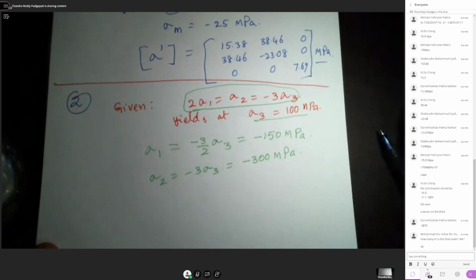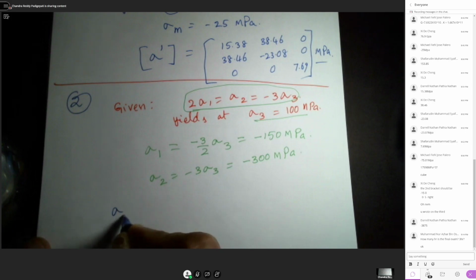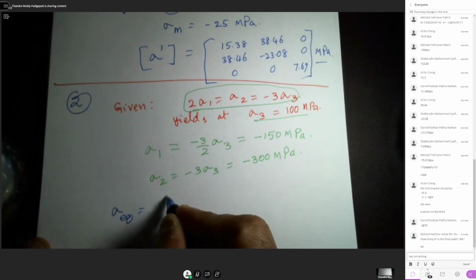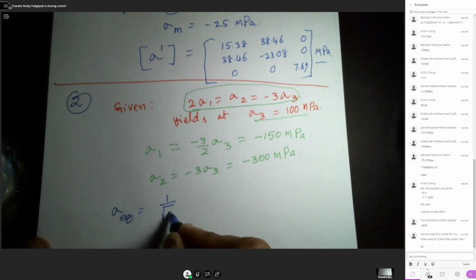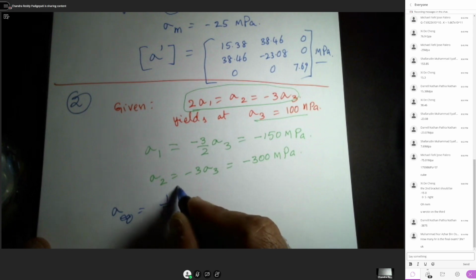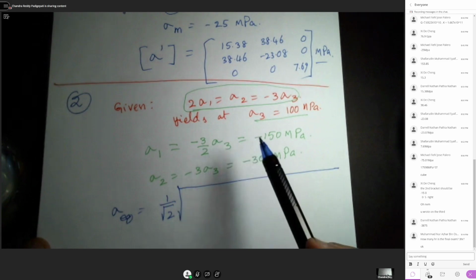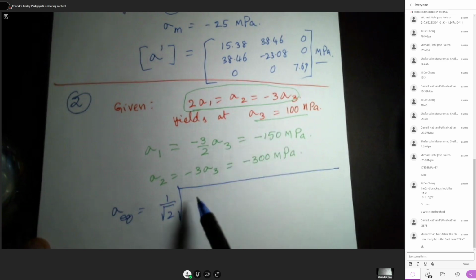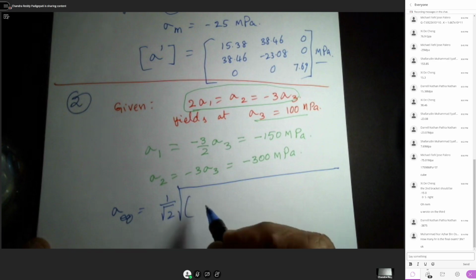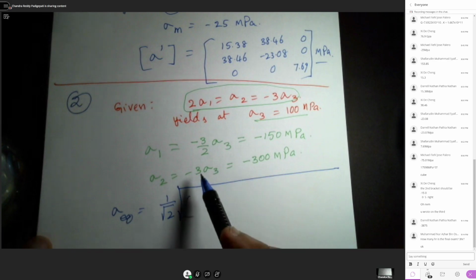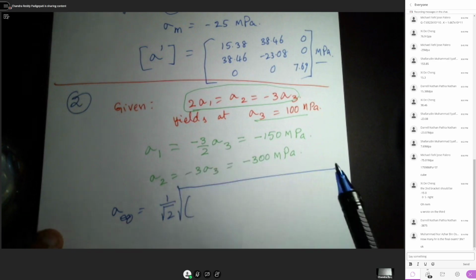Now you can calculate the equivalent stress using the von Mises criterion: sigma equivalent is 1 over square root 2 times the square root of sigma 1 minus sigma 2 whole square plus sigma 3 minus sigma 2 whole square plus sigma 3 minus sigma 1 whole square.